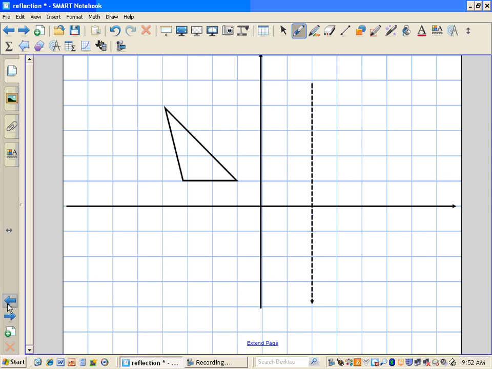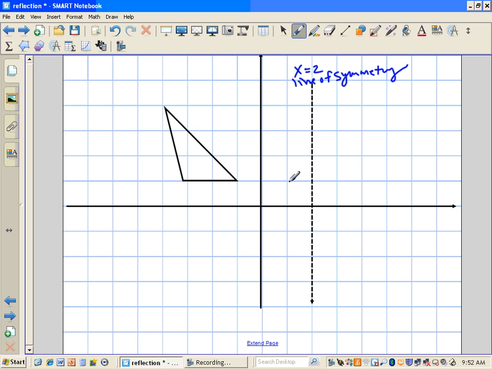Here's where we have a line of symmetry that's not the x or the y-axis. This line of symmetry is when x is equal to 2 is our line of symmetry. And so we have to be very careful.